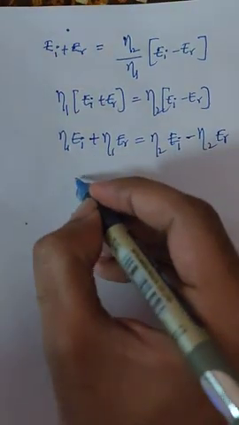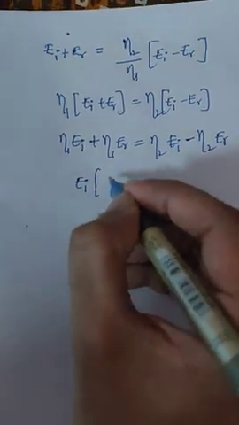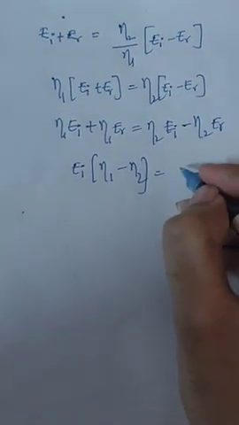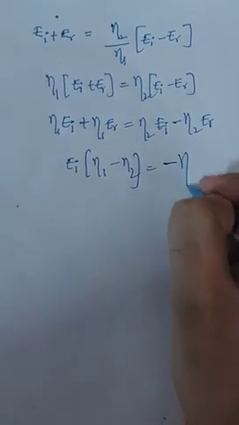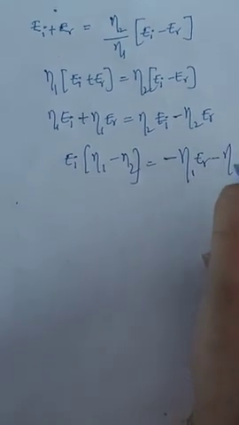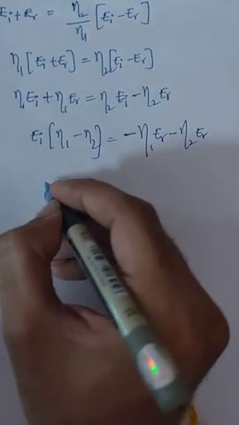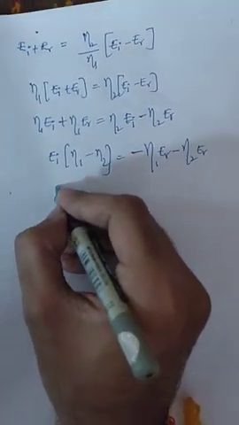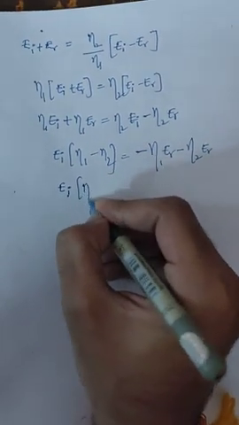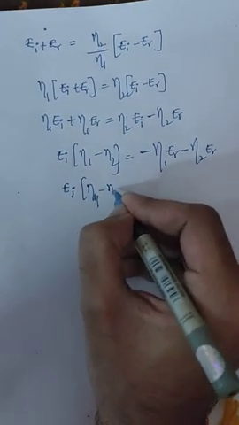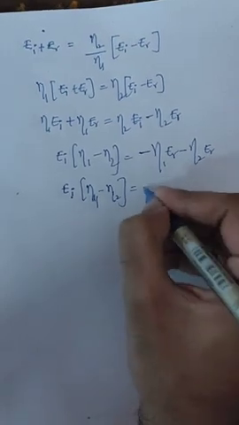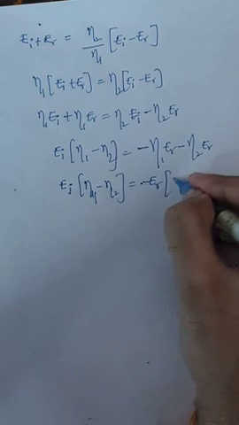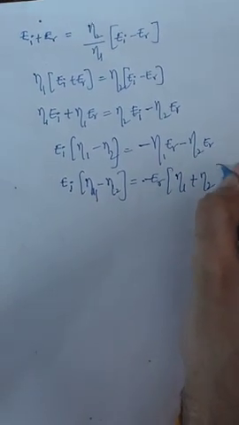Now take EI common on one side, so you will get (eta 1 minus eta 2) EI is equal to minus (eta 1 plus eta 2) ER.